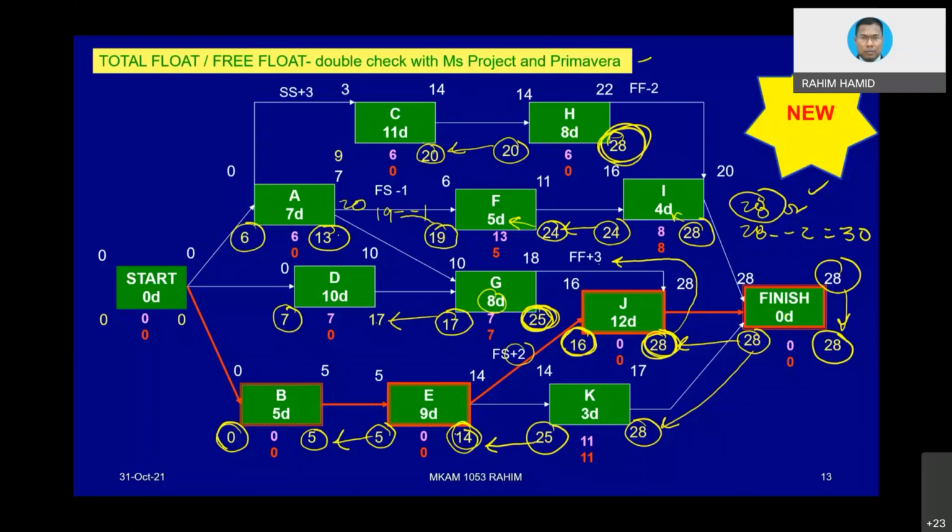Then, how about G? G, this is the value that we are going to consider, 17. 17 transfers here as one value. So now we already have two values, 20 and 17. For sure, 17 is much smaller.